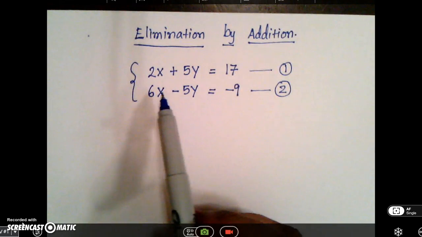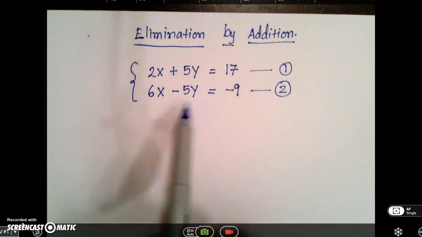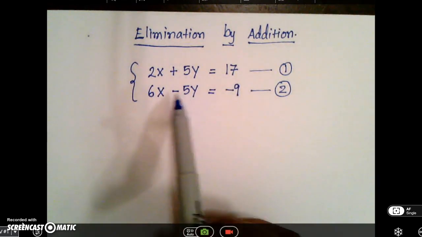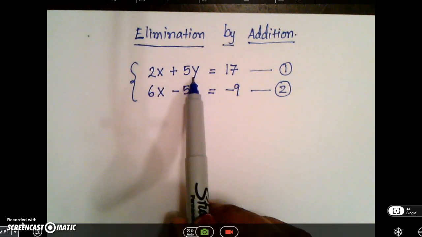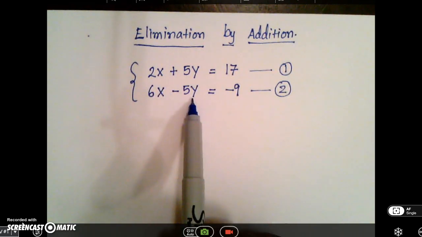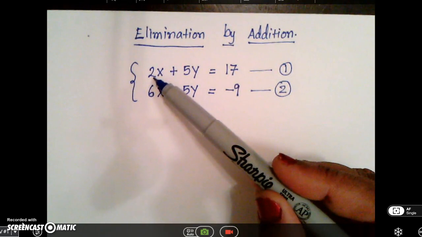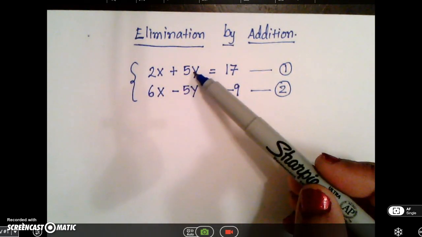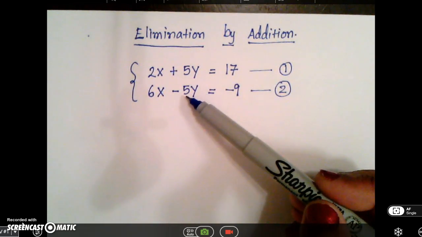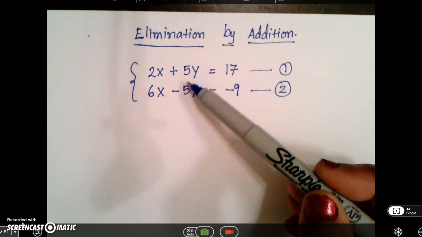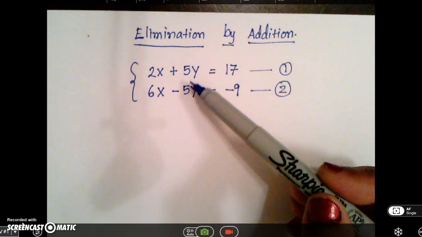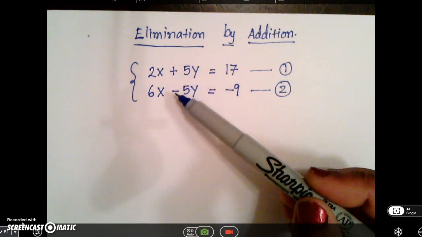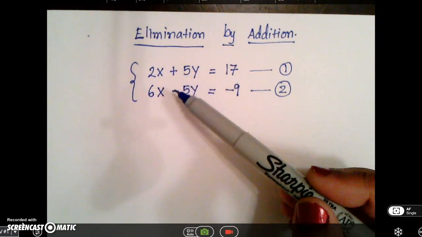When I look at my equations, I'm looking at my variables x and y. I'm going to look at the coefficients of x and y. The coefficients of x are 2 and 6. The coefficients of y are 5 and negative 5. The numbers are one and the same, but the signs are opposite to each other.